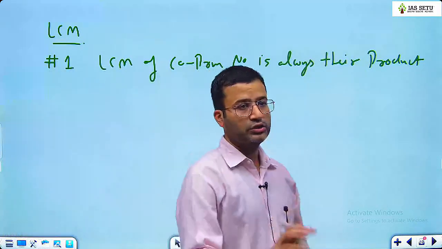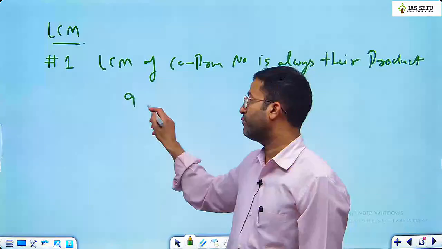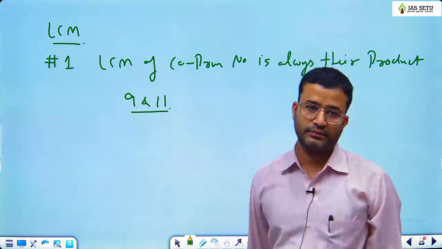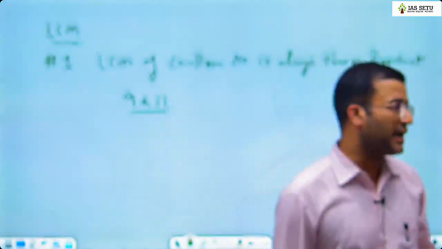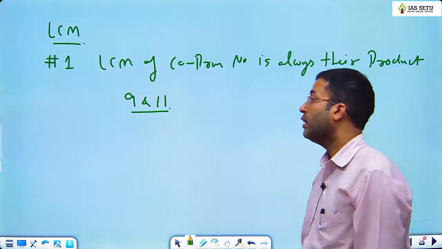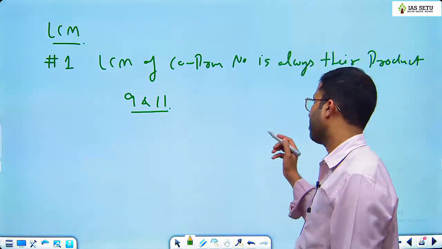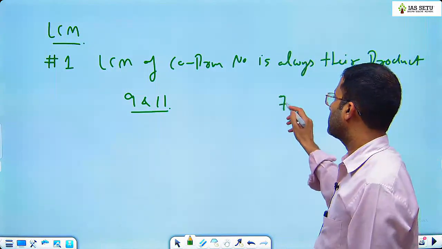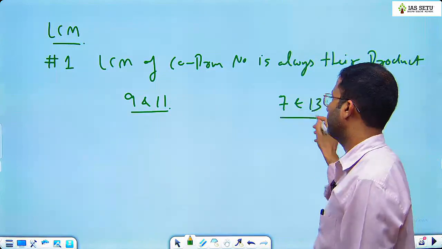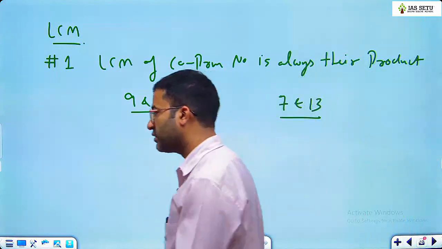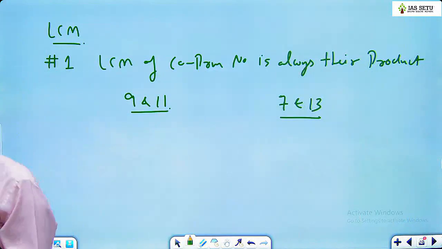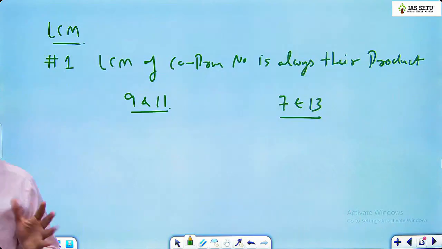I ask you 2 questions. Tell me what is LCM of 9 and 11? 99, because 9 and 11 are co-prime. Tell me what is LCM of 7 and 13? 7 and 13 are also co-prime. So what is LCM of 7 and 13? 91. Multiply. Directly you multiply.